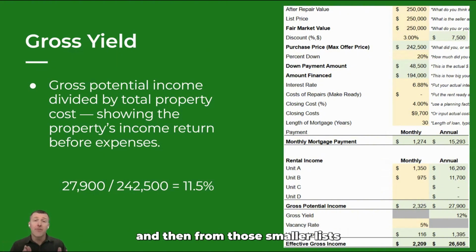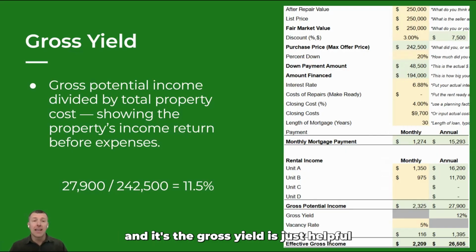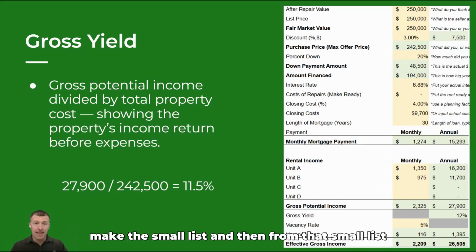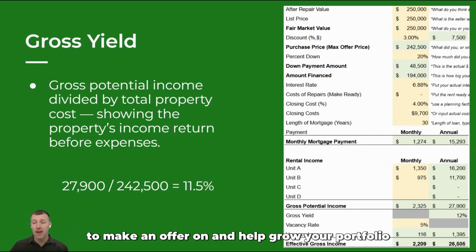And then from that smaller list, you can dive into the property taxes, the insurance. What do you think maintenance is going to be? Gross yield is helpful because it helps you take a big list and make a small list, and then from that small list, you do very detailed due diligence so you can pick an investment that makes sense to make an offer on and help grow your portfolio.